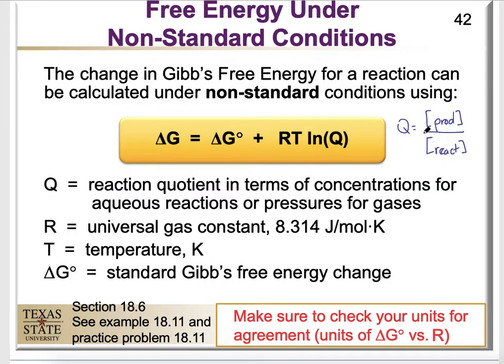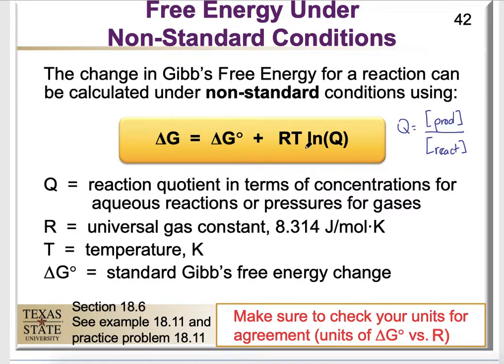You guys remember how to do that, right? And it can be either in terms of pressures or in terms of concentrations, as I mentioned. So basically what we're saying again is that we can calculate the Gibbs free energy at standard conditions, and utilizing this term, we're basically correcting it for the right conditions for a particular problem.